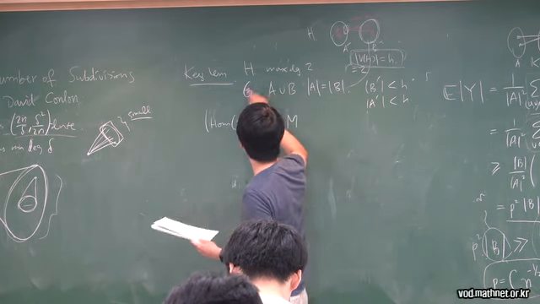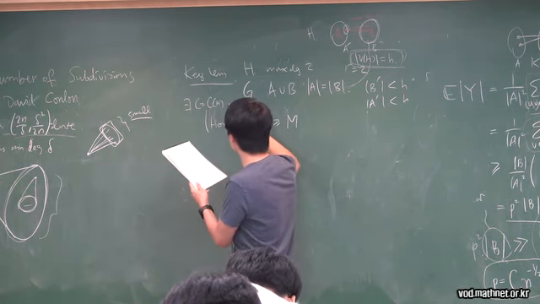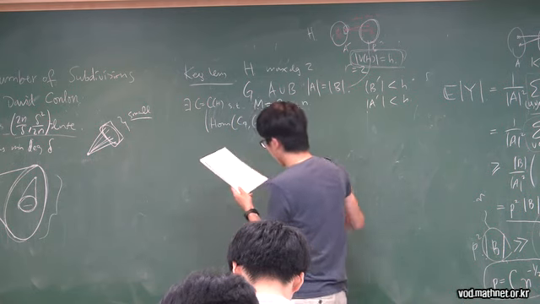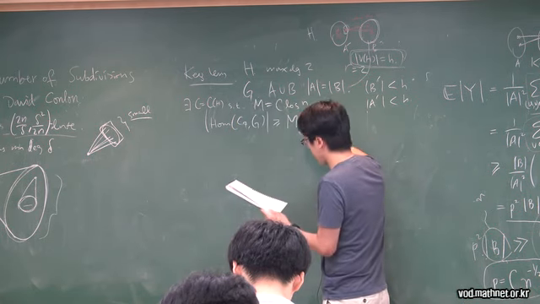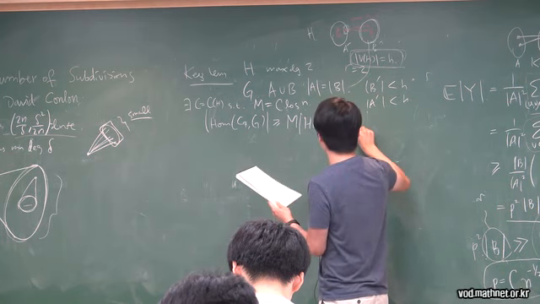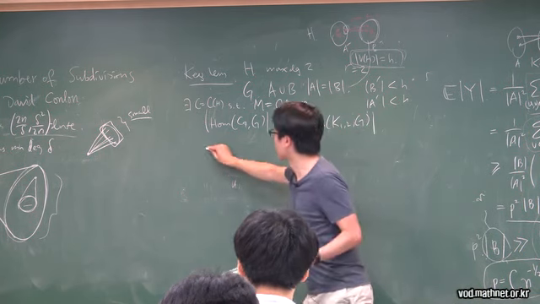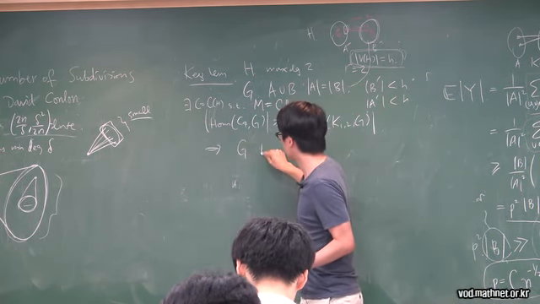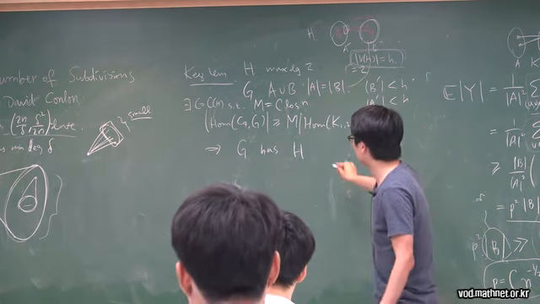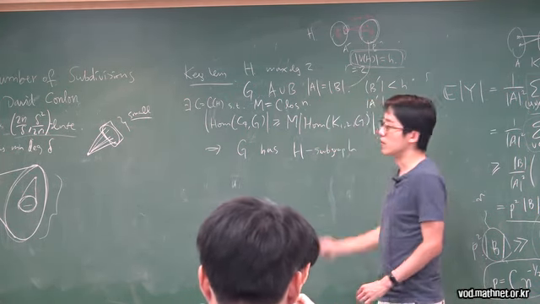So then there exists C such that my M is C times log n. Then G contains a copy of H as a subgraph. So what does it say?